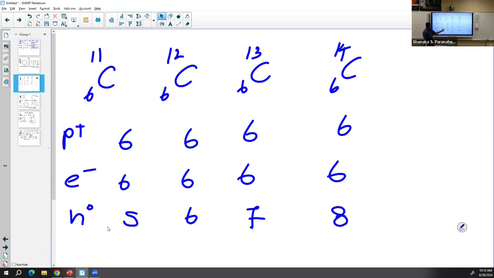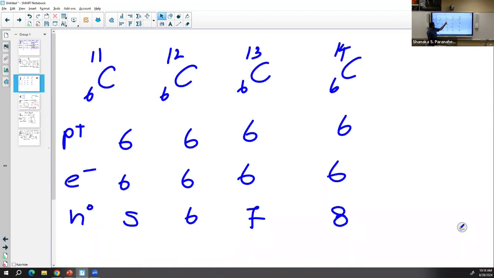Out of these different types of carbon atoms, some atoms are radioactive. I think C-11 and C-14 are radioactive. The reason is that when there's a different ratio of protons and neutrons, some atoms are unstable and constantly emit types of energies or particles to stabilize themselves.